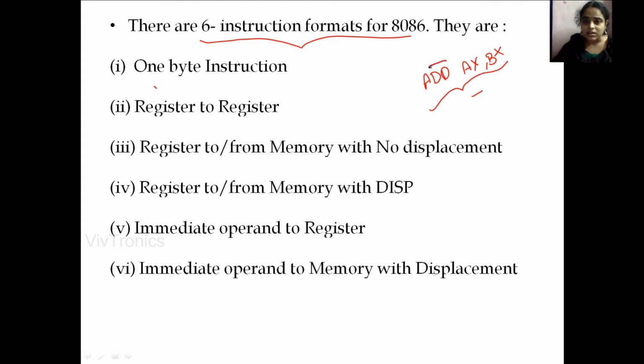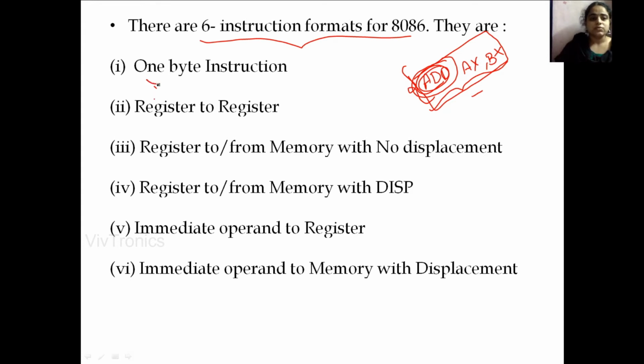What is the format of this instruction? How much memory does it occupy? We deal with the instruction format for the whole instruction, not alone with registers and not alone with these mnemonics. There are 6 types of formats and each occupies different memory.